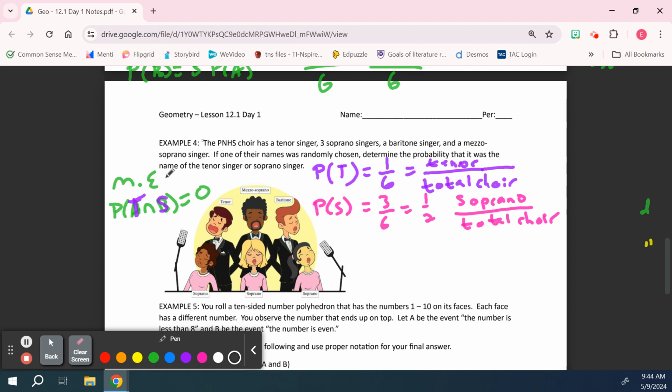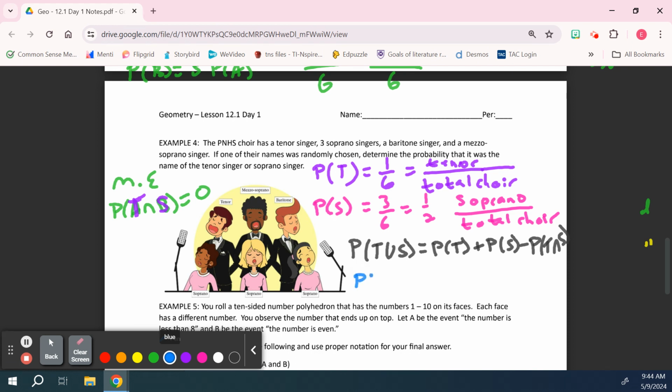So now we're going to take this information and apply it to our addition rule. So probability of tenor union soprano equals the probability of the tenor plus the probability of the soprano minus the probability of tenor intersect soprano.